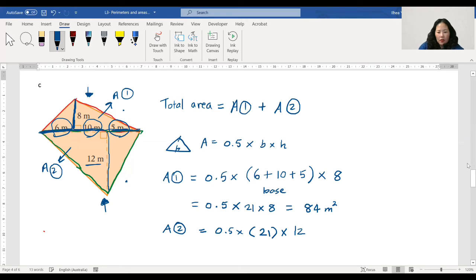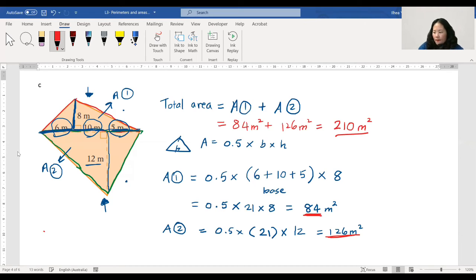Now put that all in your calculator. What I get is 126 meter squared. Okay, area 1 was 84 meter squared plus area 2 was 126 meter squared. So when you add it together, I will get 210 meter squared.